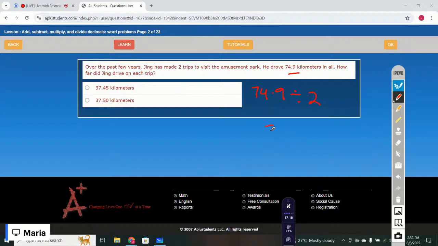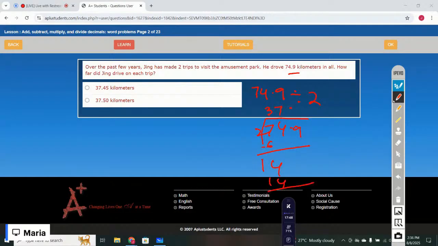So let's just divide 74.9 by 2. That is 2 times 3 is 6. 7 take away 6 is 1. Now bring 4 down. 2 times 7 is 14.